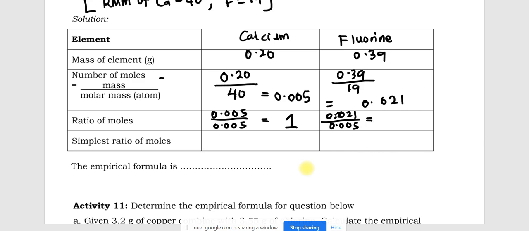And for the other you get 4.2, so calcium is 1, fluorine is 4. Calcium fluoride, then why did you say yes? Mistake. 4.2 is 4.